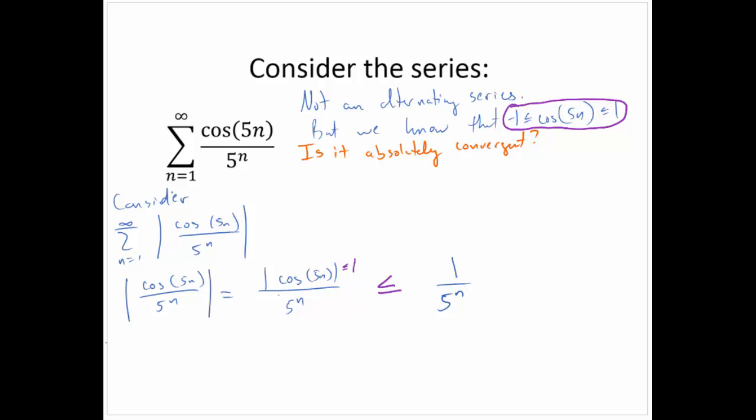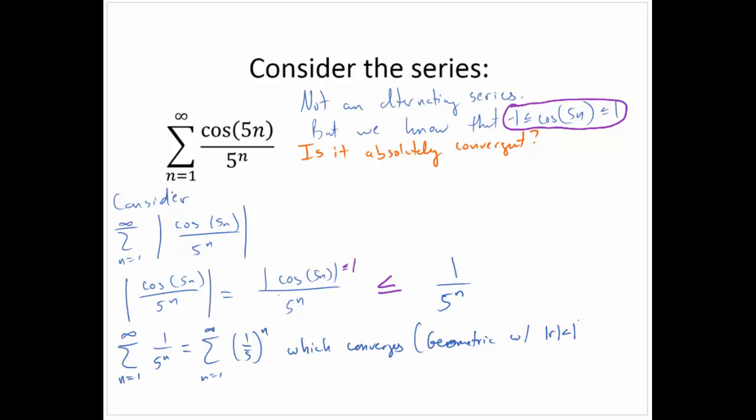Now, sigma n equals 1 to infinity of 1 over 5 to the n is the same as sigma n equals 1 to infinity of (1/5) to the n, which converges. That's a geometric series with absolute value of r less than 1.